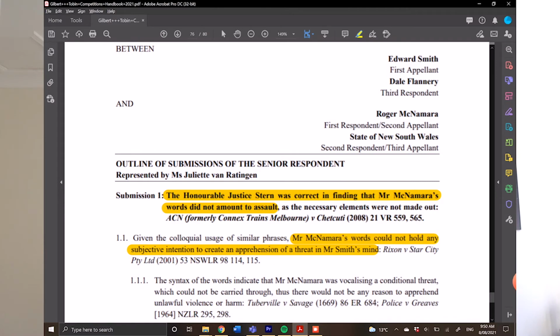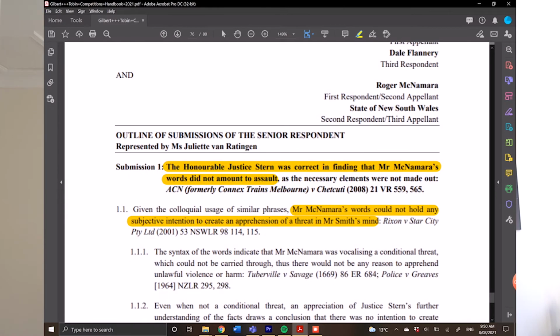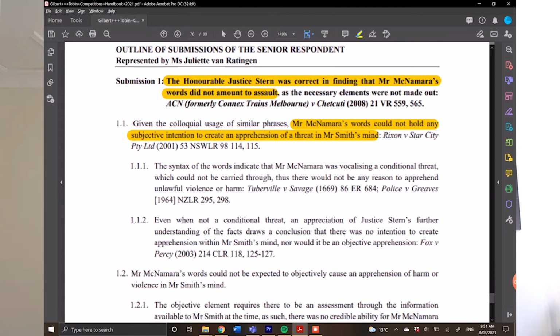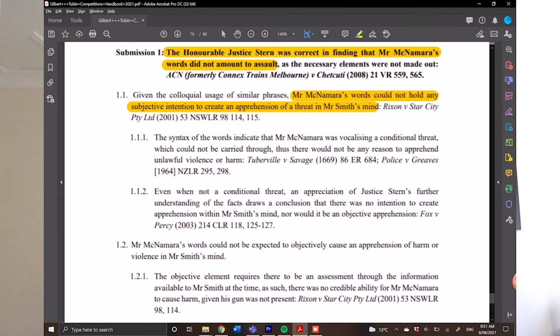The next stage, the application of the law to the facts, is done really, really well here in 1.1.1, which is to engage with what was actually happening in the factual issues in the case. So the syntax of the words indicate that Mr. McNamara was vocalizing a conditional threat, which could not be carried through, and thus there would not be any reason to apprehend unlawful violence or harm.